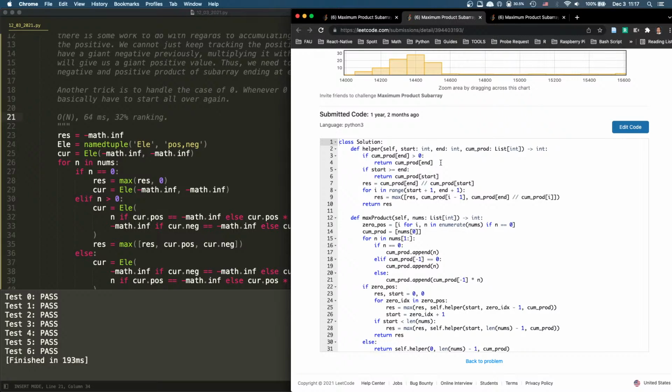If start is larger than end, because if we keep moving forward, then we return start. Otherwise, result equal to this divided by start. Yes, that's the current.